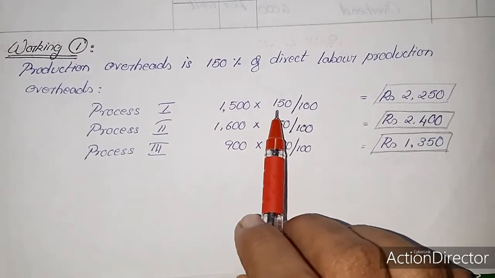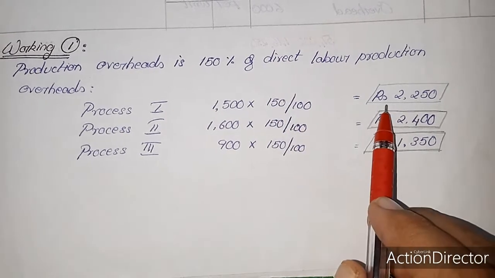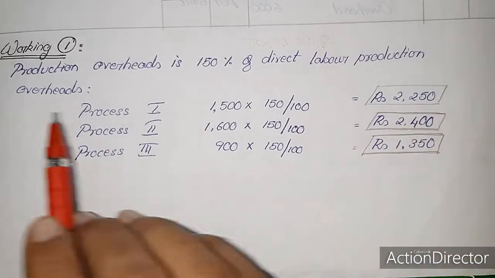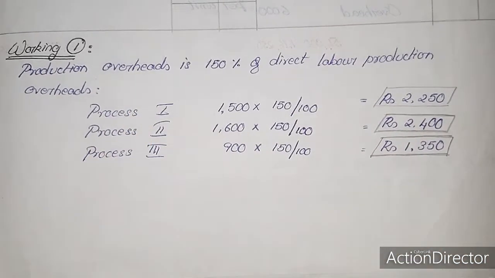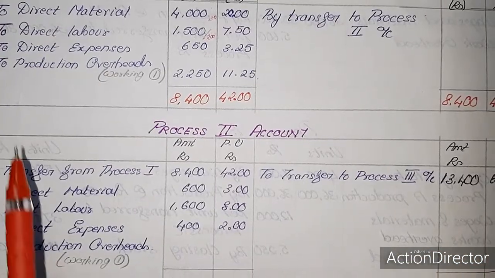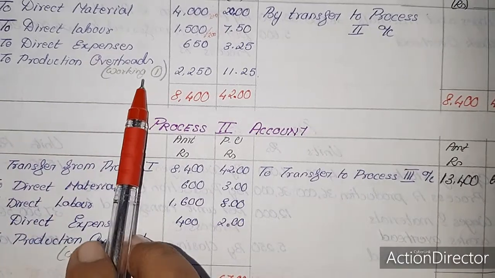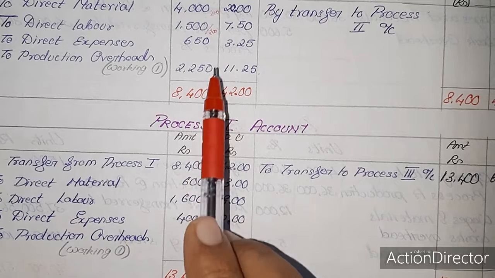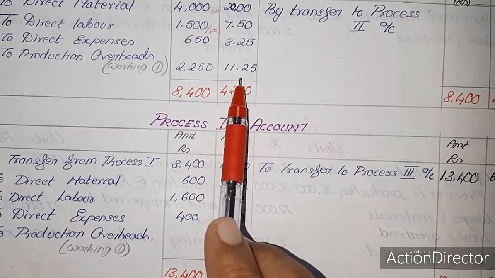This percentage I am writing as 150 divided by 100. I am getting rupees 2,250. This is the production overhead for process 1. So I have written the calculated value. Working 1, 2,250 divided by 200, I'll get 11.25.